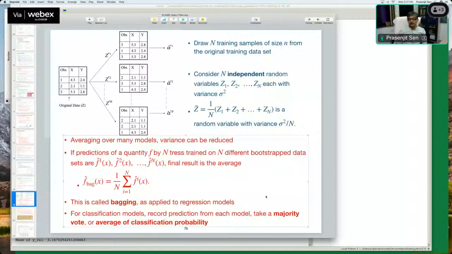The mean, z bar, is also a random variable, but its variance would be sigma squared over n. So there is a reduction in variance when you take an average of independent random variables.